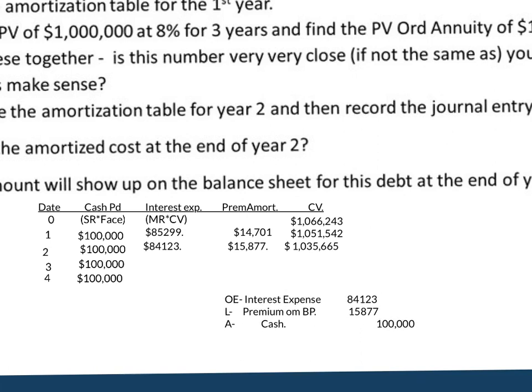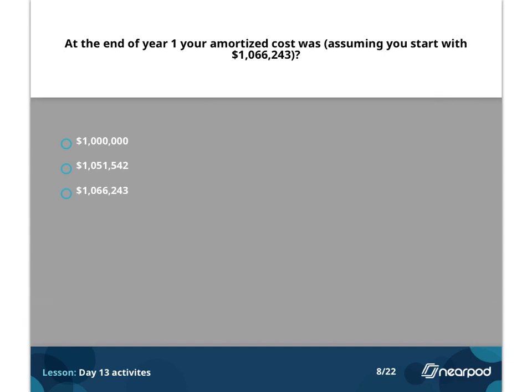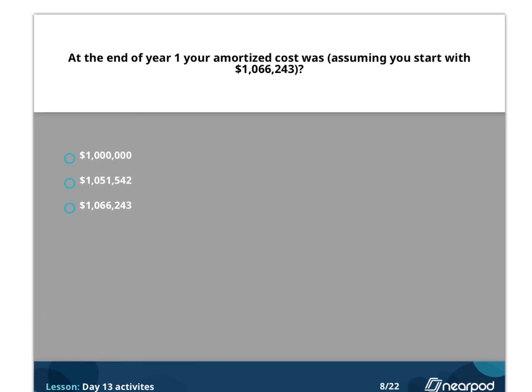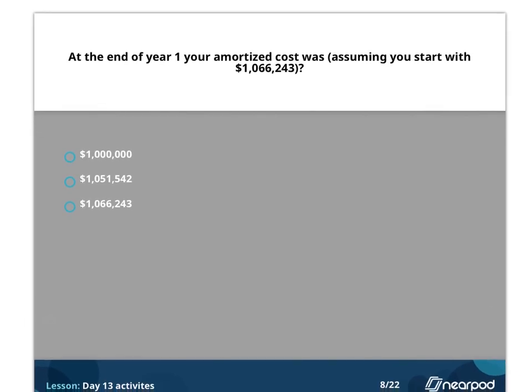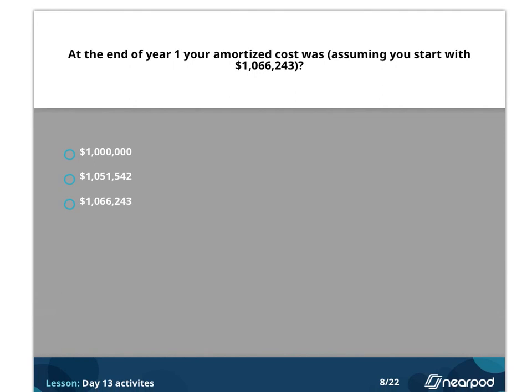What's the amortized cost at the end of year 2? It's right here. Amortized cost, same thing as carrying value. What amount will show up on the balance sheet for this debt? Right here. The carrying value, the amortized cost. At the end of year 1, your amortized cost was right here.